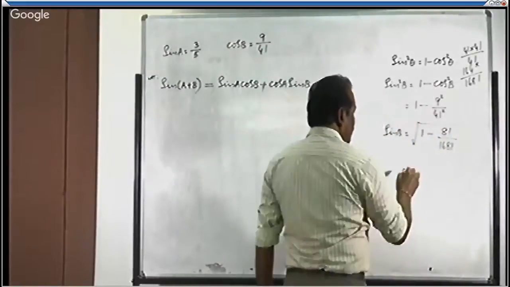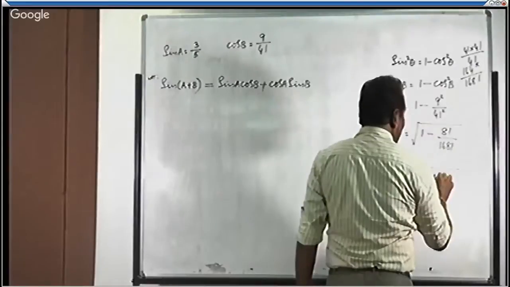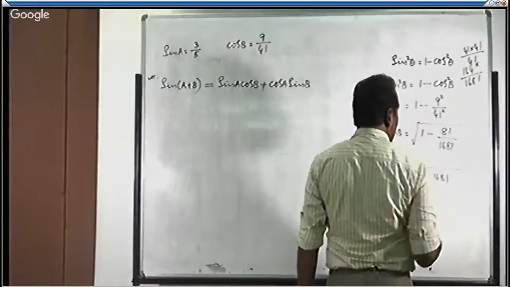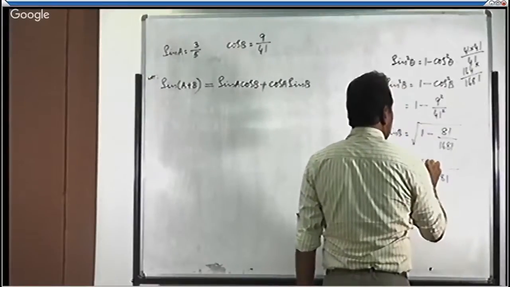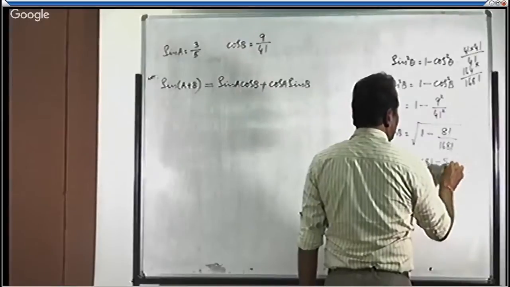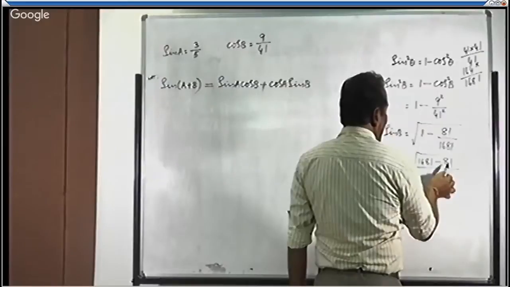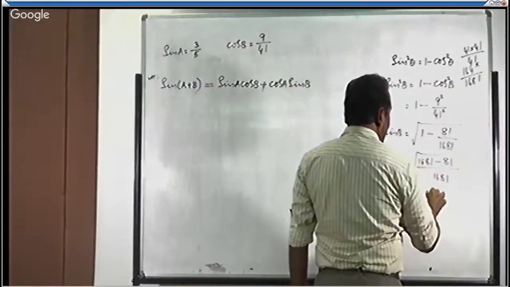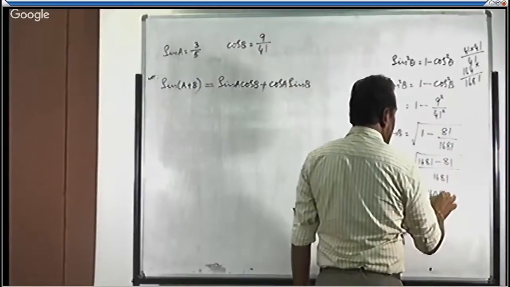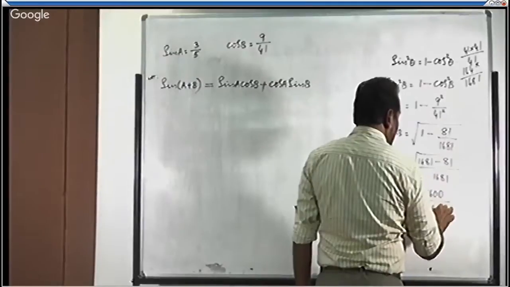Now, if you take 1681 as the LCM, you will get 1681 minus 81. Don't forget the square root. If you subtract 81 from 1681, you will get 1600 divided by 1681.